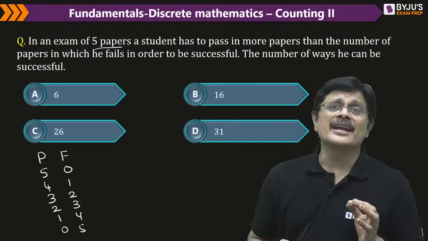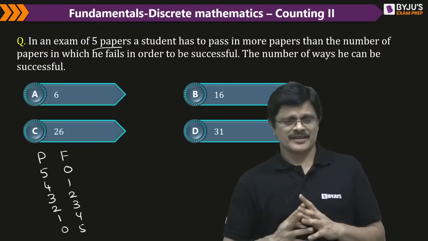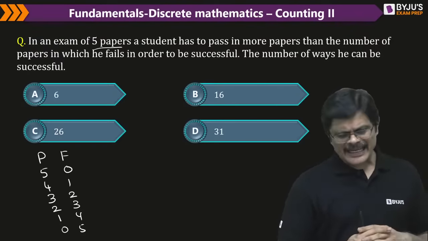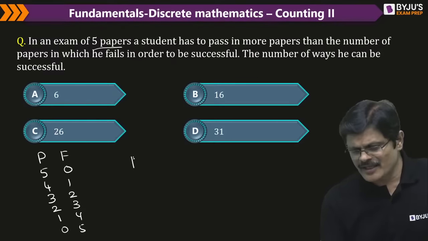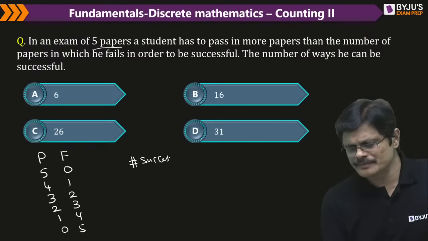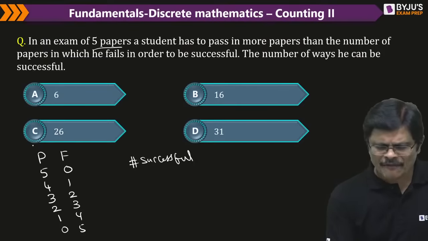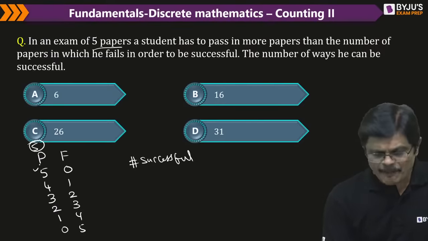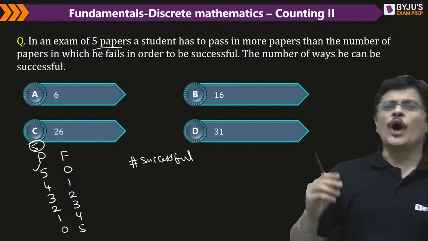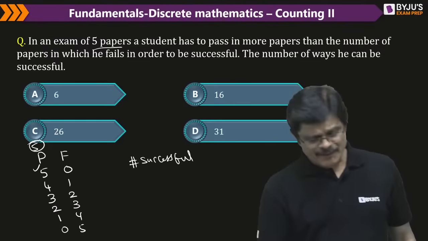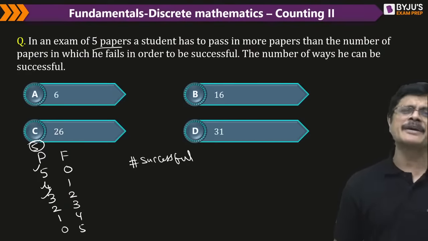Successful means what, sir? Number of passes must be greater than number of failures. Can you tell me which categories correspond to the situation where he is successful? When will he be successful? Out of 5, if he passes in 5 papers, then he is successful. If he passes in 4 papers, he is successful because 4 is greater than 1. If he passes in 3 papers, he is successful.